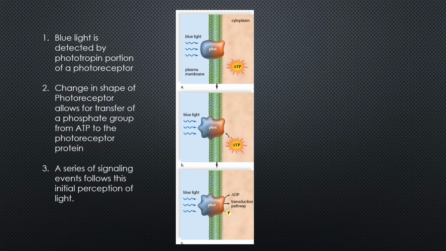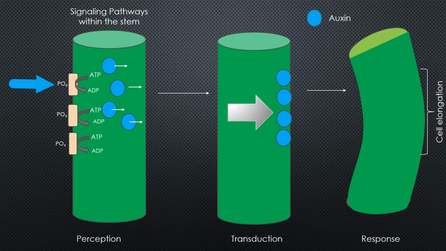Based on what we talked about earlier, it's probably a phosphorylation cascade, right? Because we've already started with a phosphorylation here. So we've had our perception on the plasma membrane with the phototropin protein phosphorylating, and so then there is a cascade of events, which is our signal transduction pathway.